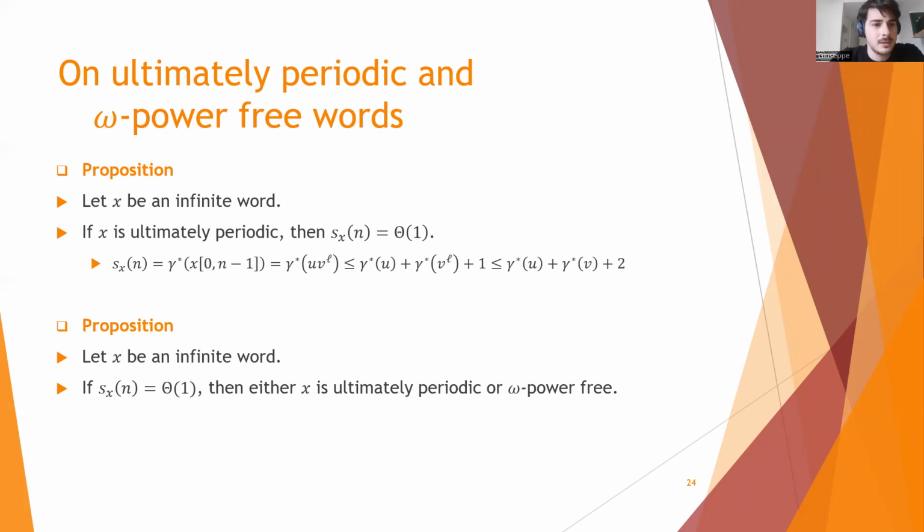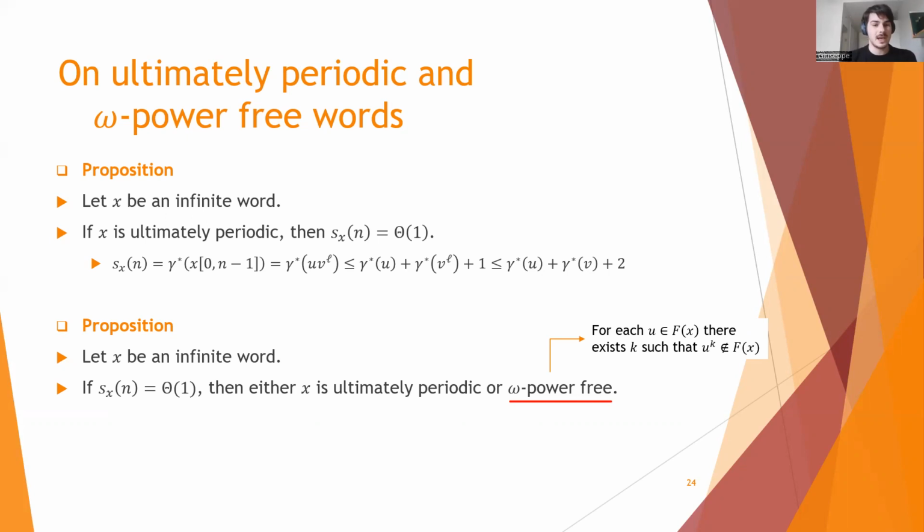However, we also got this proposition: if a string attractor profile function is bounded by a constant, then either x is ultimately periodic or omega power 3, where by omega power 3 we mean that for each factor u of x, there exists k such that u to the k is not a factor of x. Clearly, if x is ultimately periodic, then with the previous proposition we know that the bound holds.